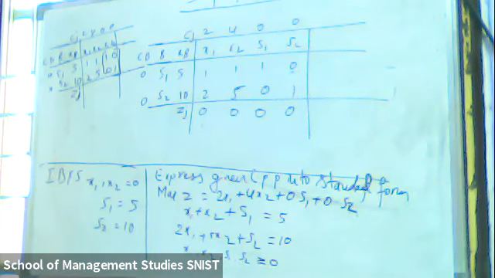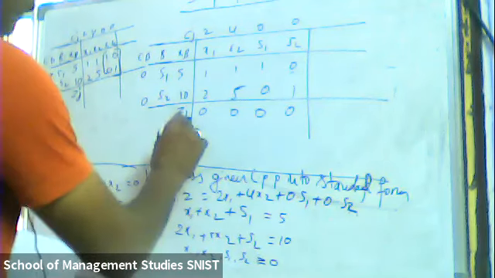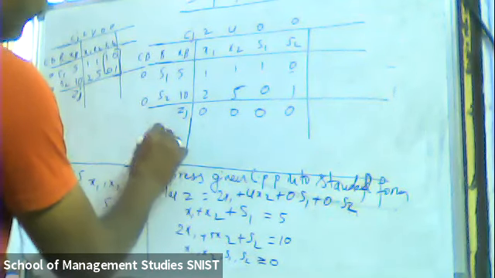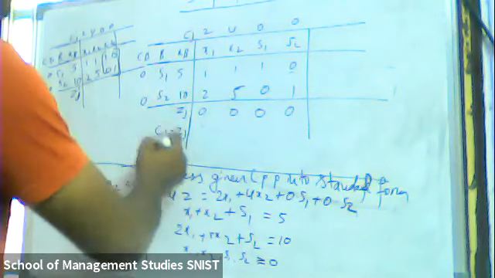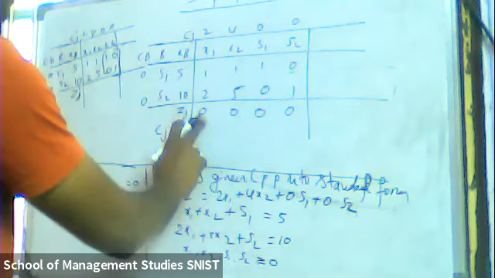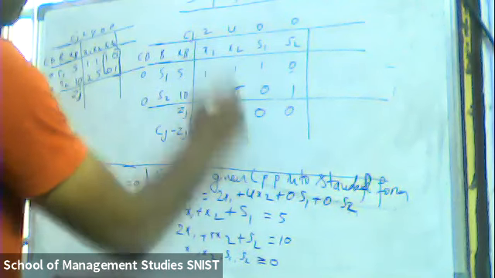Are you following? Yes, sir. Right. Now what are we going to do? Cj minus Zj. How to do Cj minus Zj? Cj value 2, Zj value 0. Cj minus Zj: 2 minus 0 is 2, 4 minus 0 is 4, 0 minus 0 is 0, 0 minus 0 is 0.